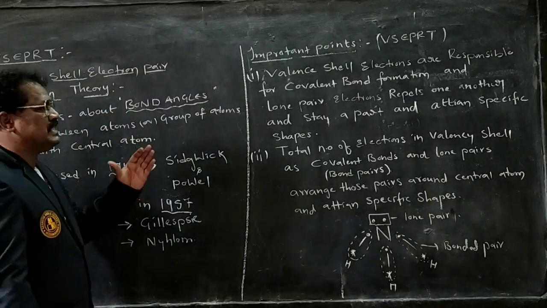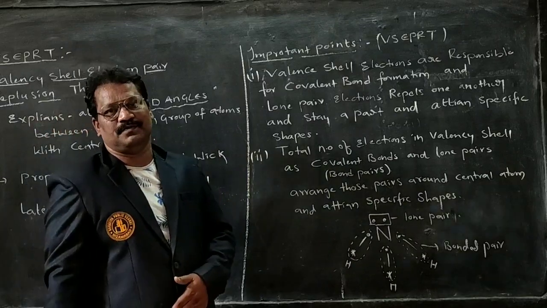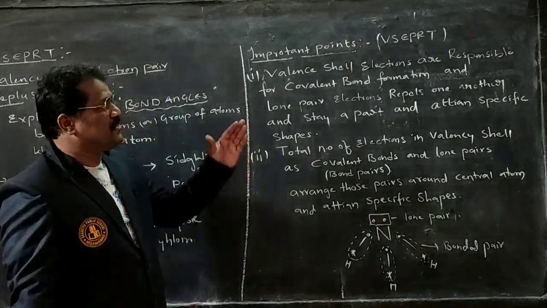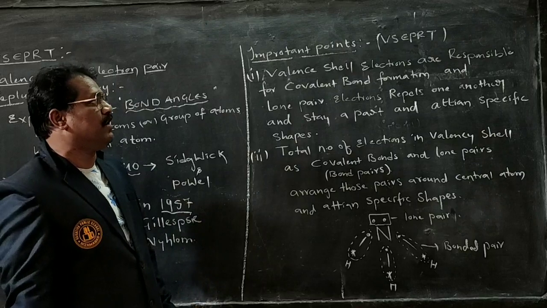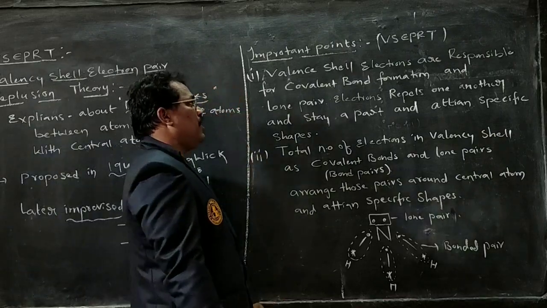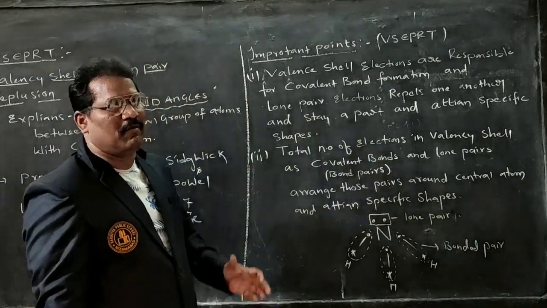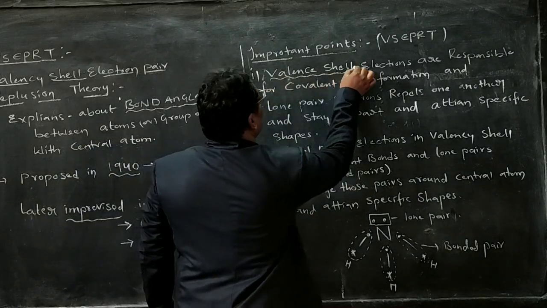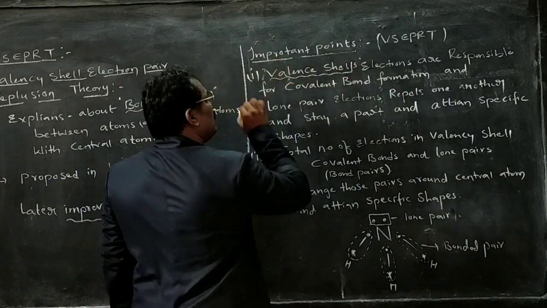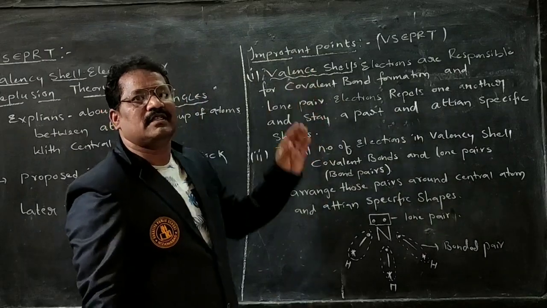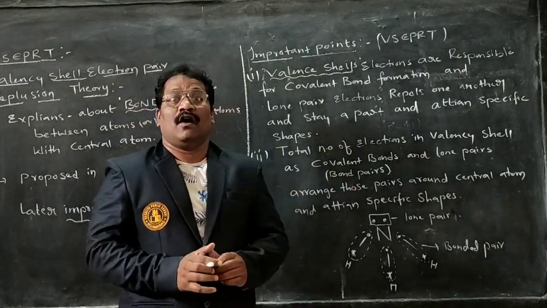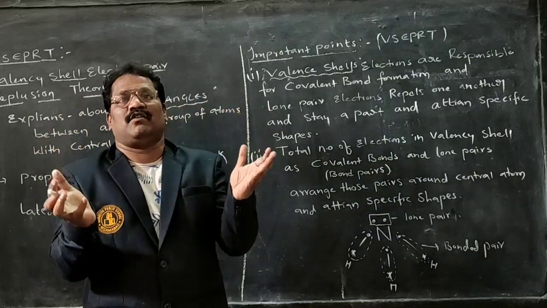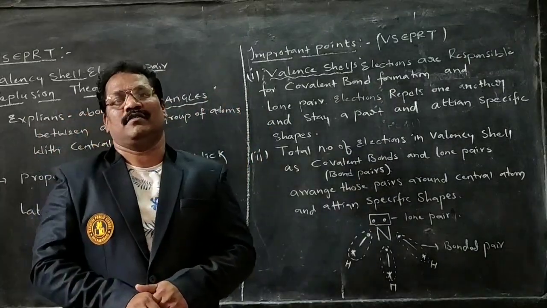This theory has some important points. VSEPR has some important points. First important point, what does it mean? It means nothing but what? The electrons which exist in valency shells are responsible for forming a covalent bond.